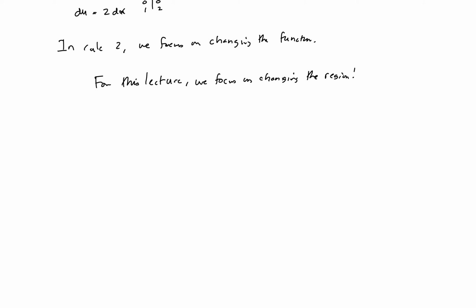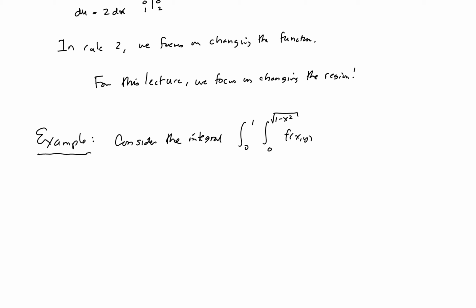So let's look at an example of the type we've already looked at before, but we want to rephrase this a bit. Let's consider the following integral. We go from 0 to 1, 0 to square root of 1 minus x squared, and let's not care about the function so much right now.